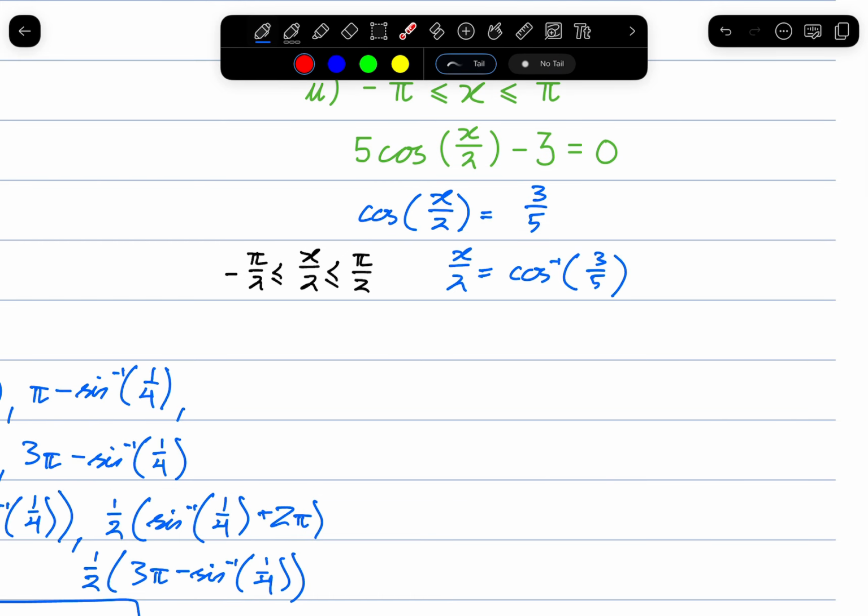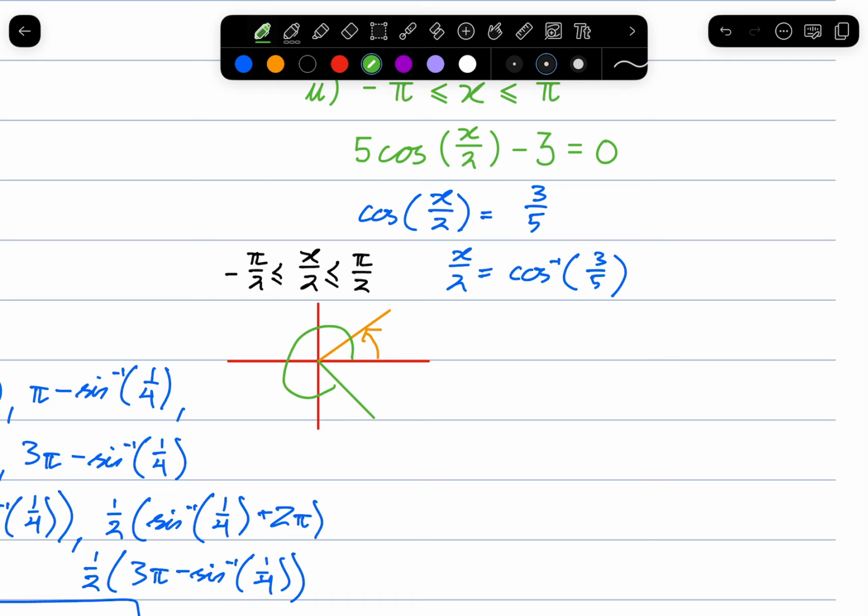Now, we're looking for these in quadrant 1 and quadrant 4. So our angles that we're looking for are this one and this one in green. The equivalent, this one in quadrant 4, but remember that is beyond the domain because it's from negative pi on 2 to pi on 2. So we actually need to go backwards in this case.